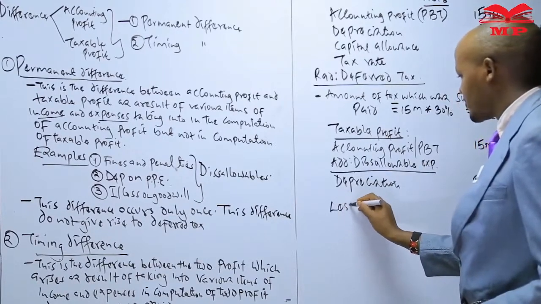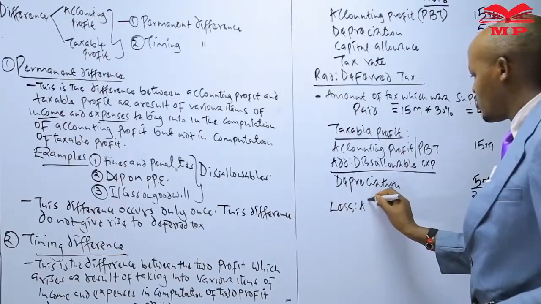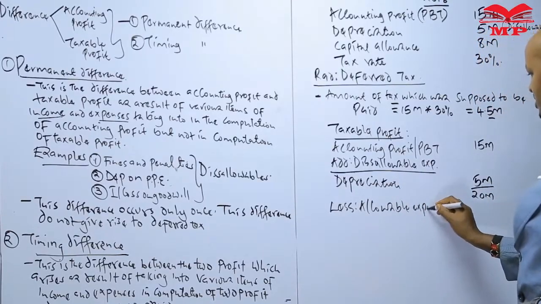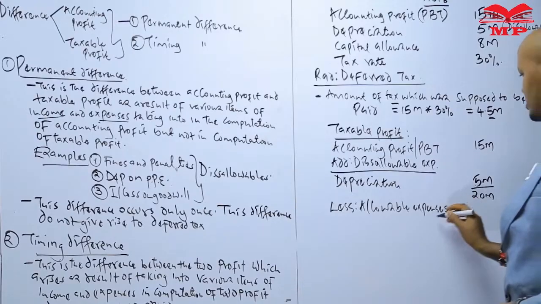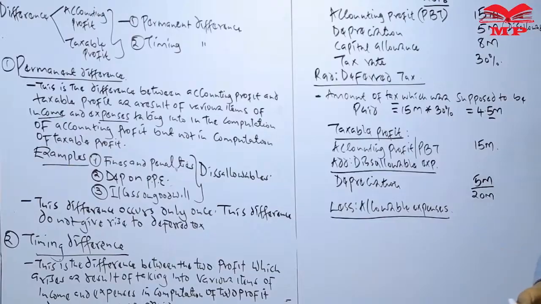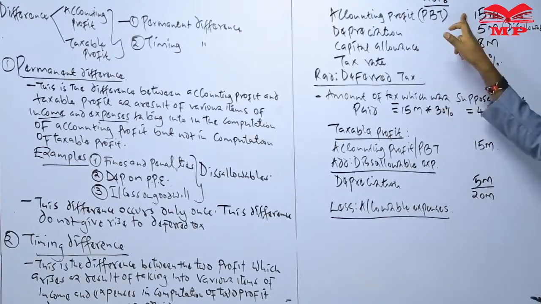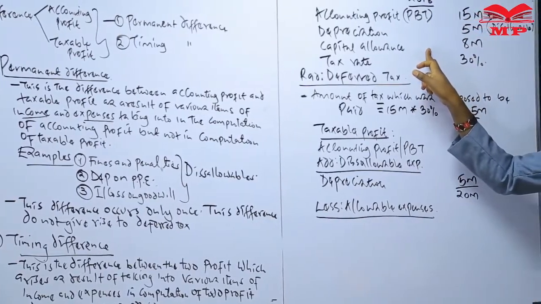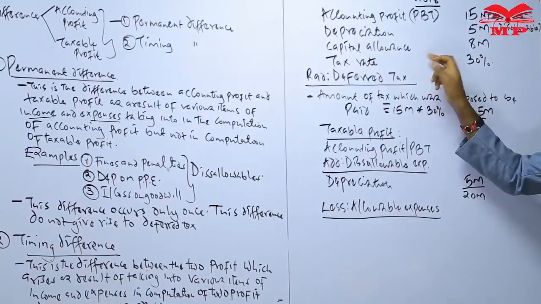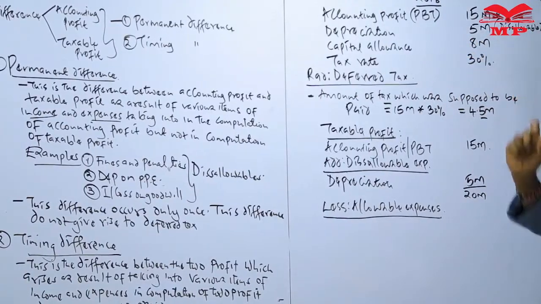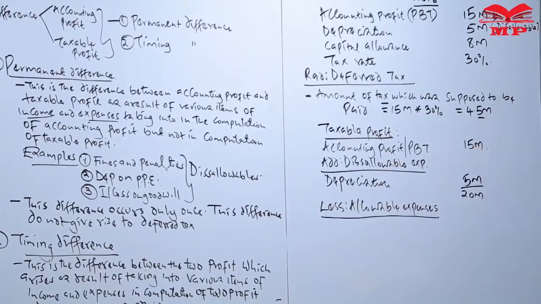Then to that we are supposed to deduct the allowable expenses which have not been deducted in arriving at that profit. Now, in our case, when computing the accounting profit, a capital allowance is never included as an expense, because this is considered in taxation, or basically when computing the taxable profit.